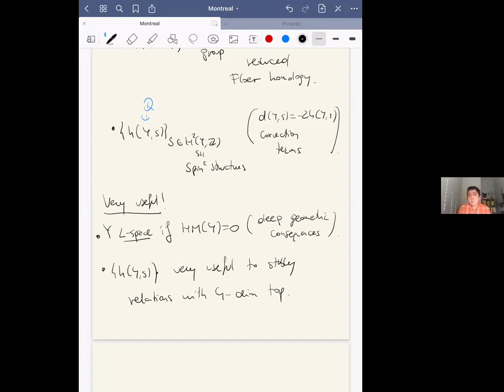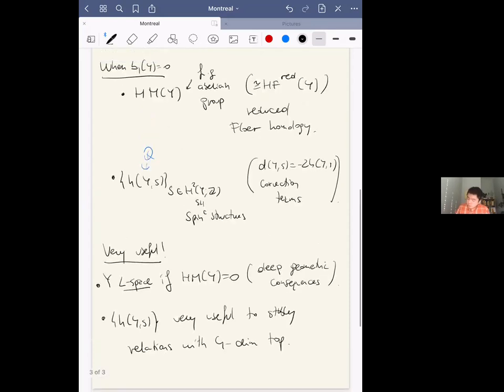A lot of problems in topology, even problems which are purely three-dimensional, regarding for example unknotting numbers, can be translated into four-dimensional topological problems, which can be solved by looking at these numbers, which have certain properties in special situations.